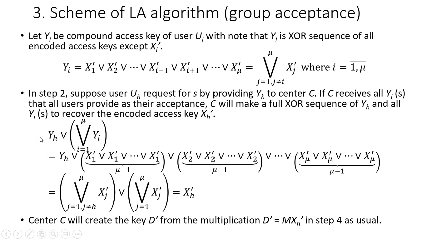Here, this equation specifies the recovered source sequence. Center C will create the key D quark from the multiplication D quark equal M S S quark in step 4 as usual.